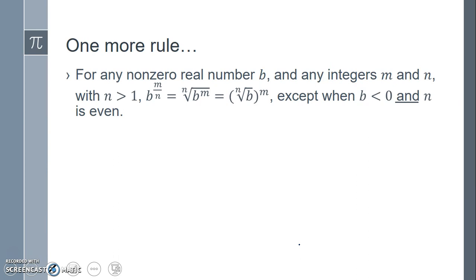This only works as long as b is not less than 0, so not negative, and when n is even. Remember that n is important here. So our example, 8 to the 2/3 is the same as the cube root of 8 to the second, or the cube root of 8 raised to the second, which also equals 4.